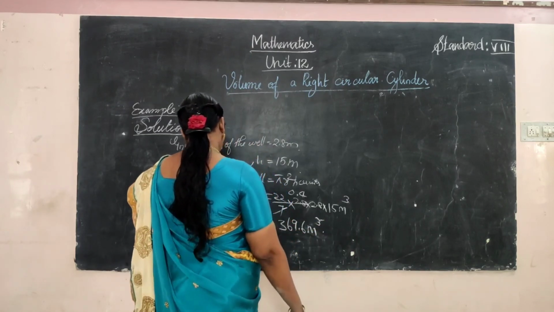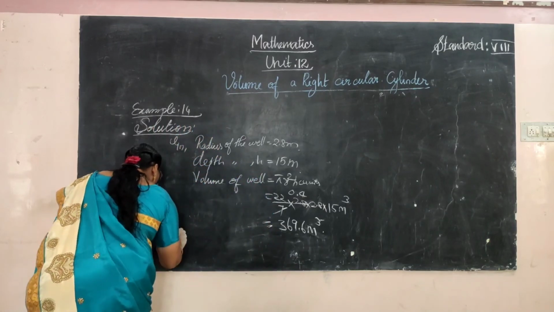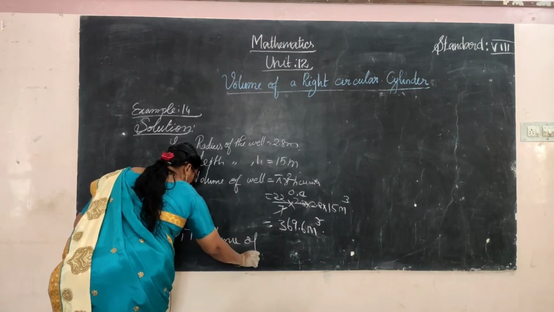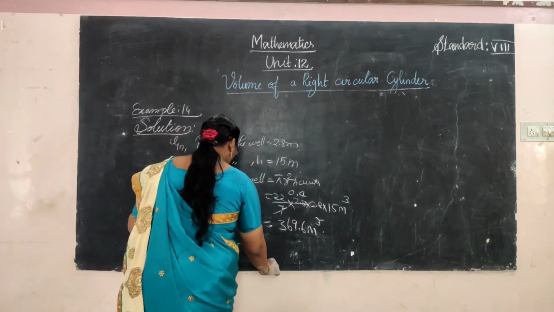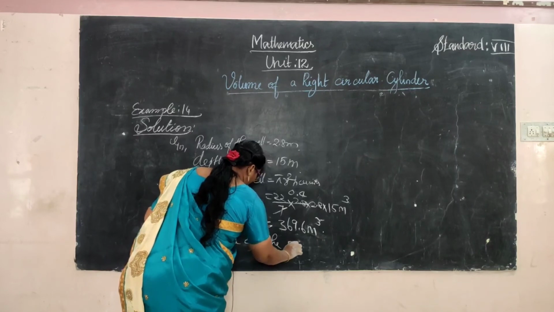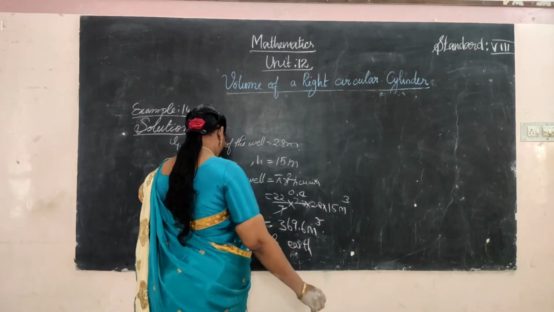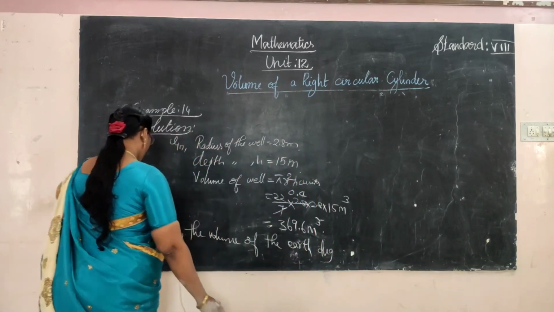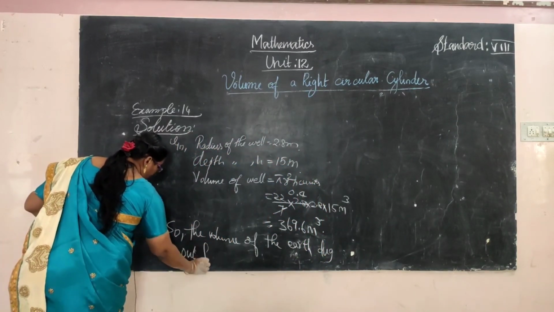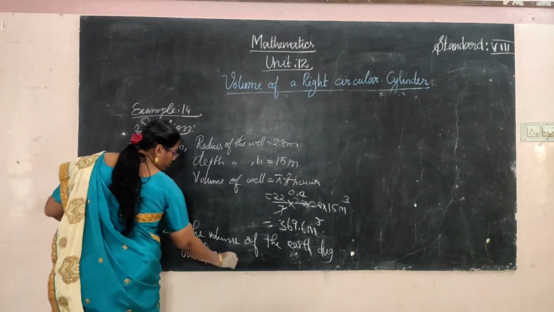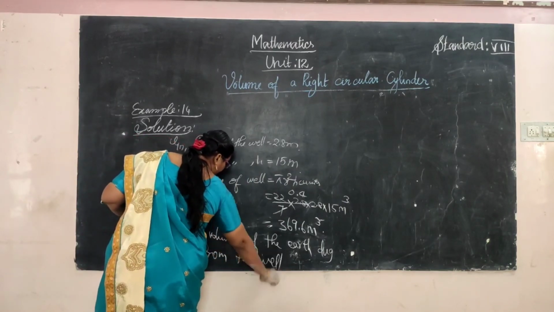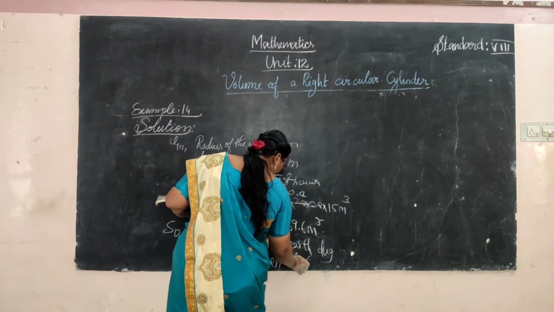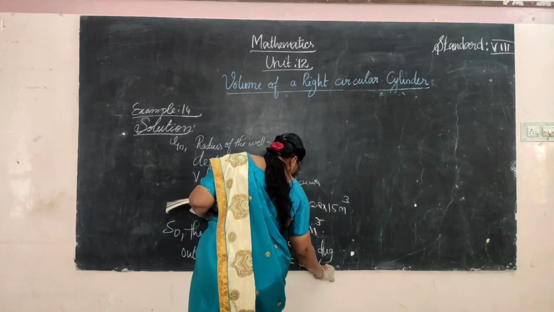So the volume of the earth dug out from the well is equal to 369.6 meter cube.